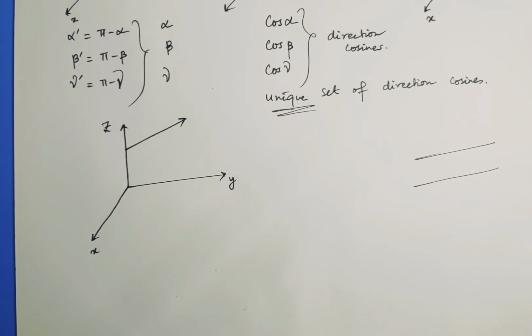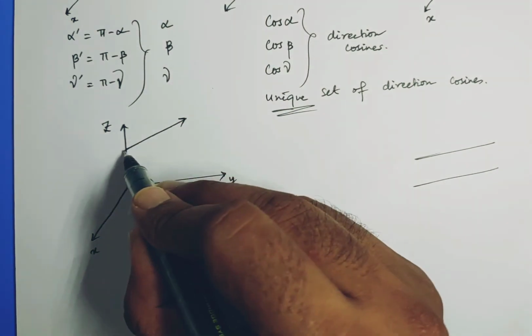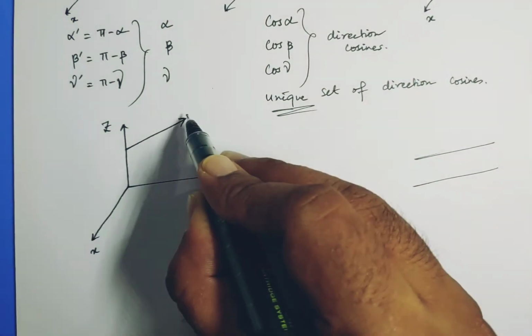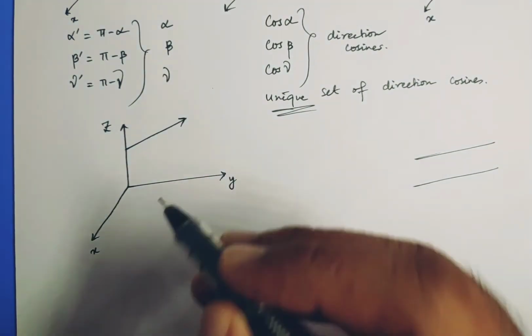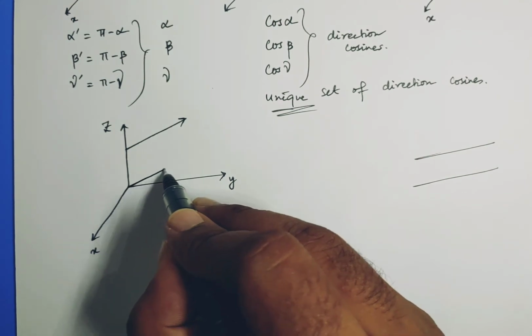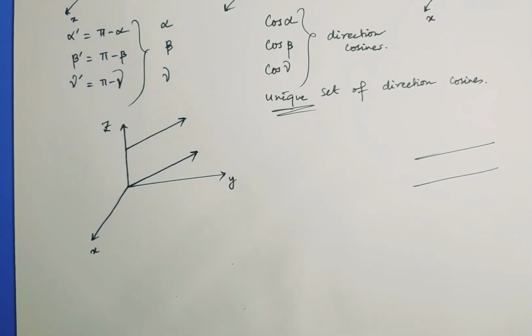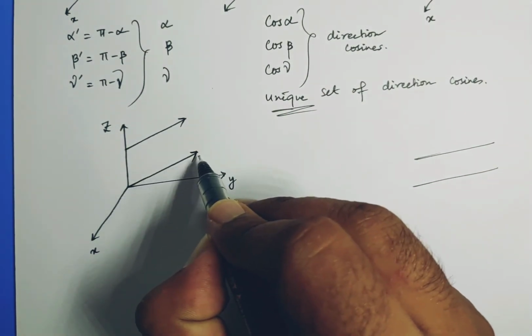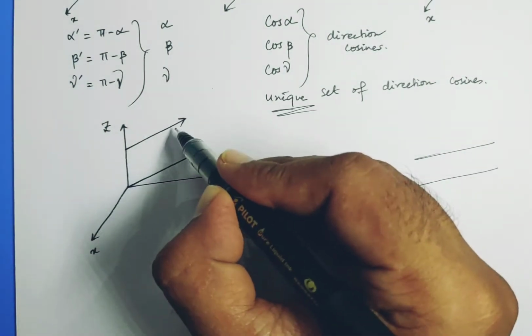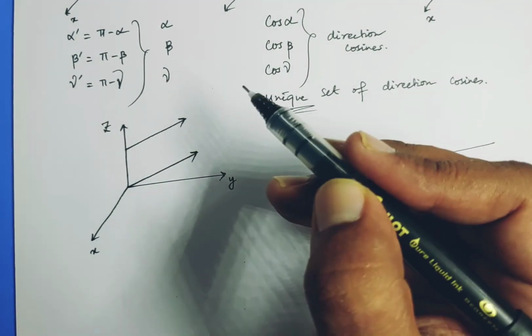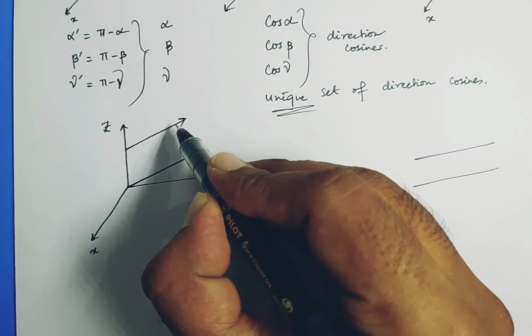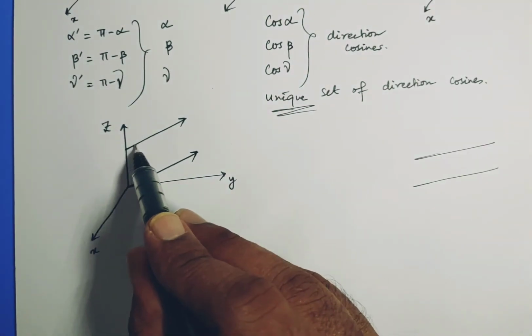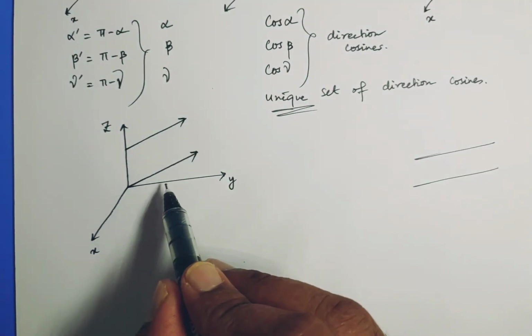In the same way, in order to find the direction cosines of this line, I will think of a line which is parallel to this line and passing through the origin. Clear? So if I find the direction cosines of this one, then since this one is parallel with that one, we can easily find the direction cosines of this one. Why? Because the direction cosines of this one will be equal to that.